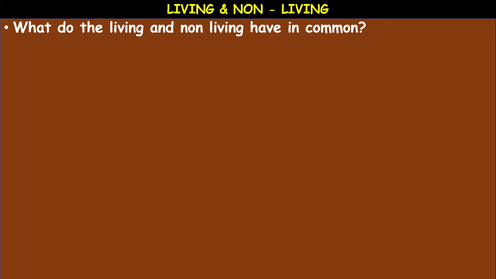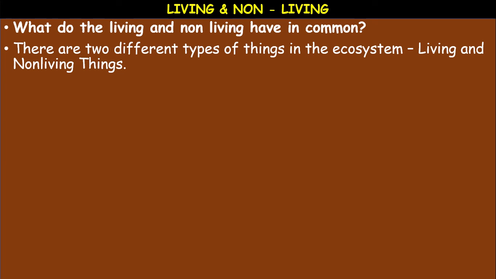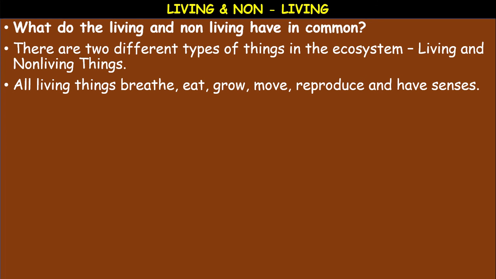What do the living and non-living have in common? There are two different types of things in the ecosystem, living and non-living. The living ones are called biotic components and the non-living ones are called abiotic components. All living things breathe, eat, grow, move, reproduce, and they show sensitivity with the help of senses.